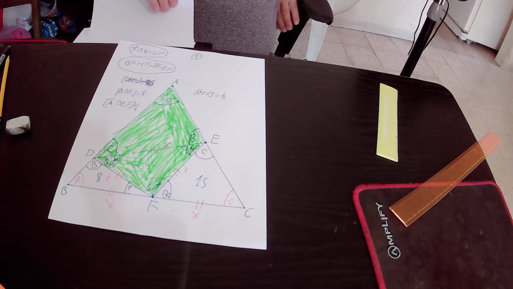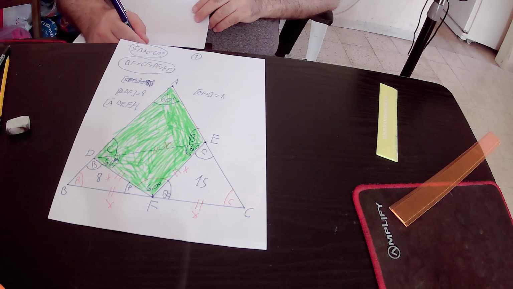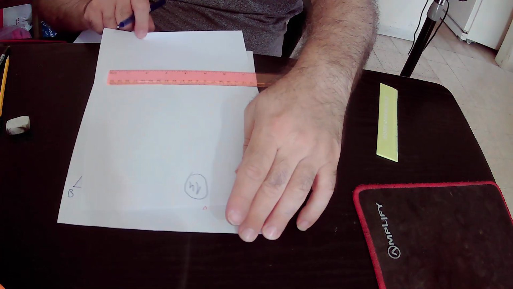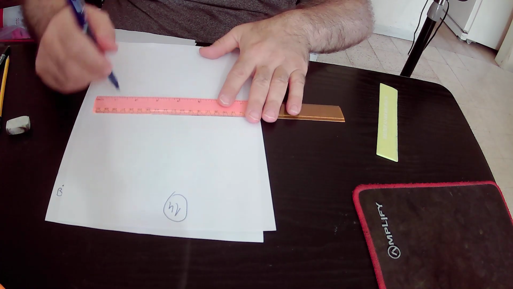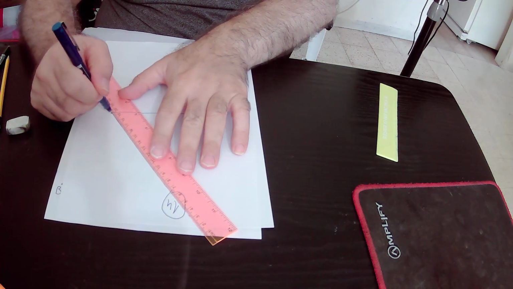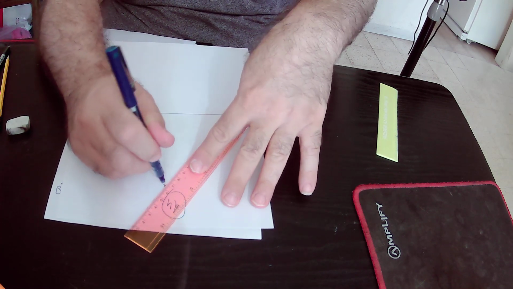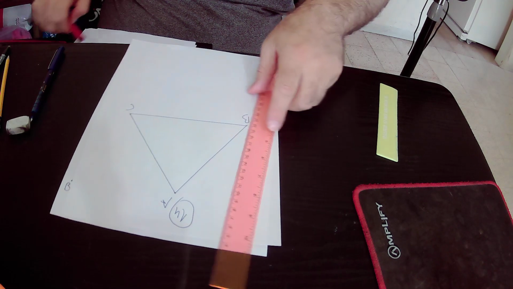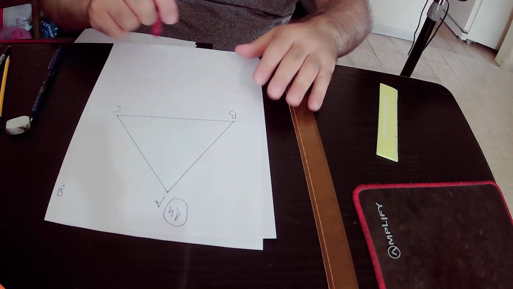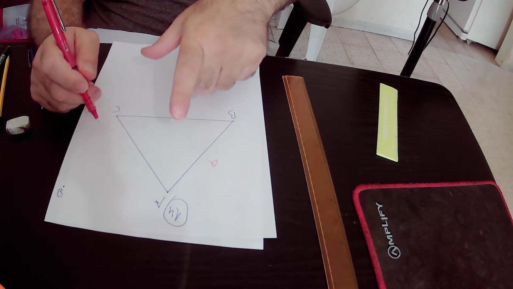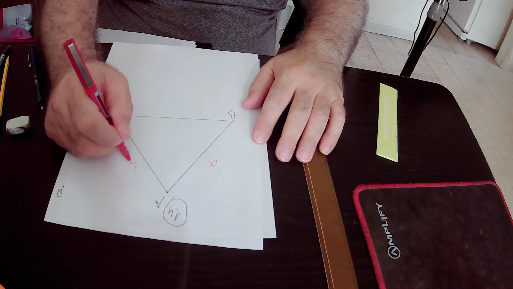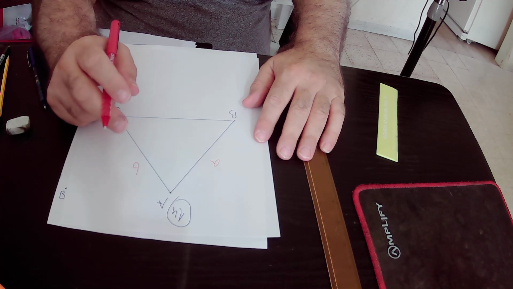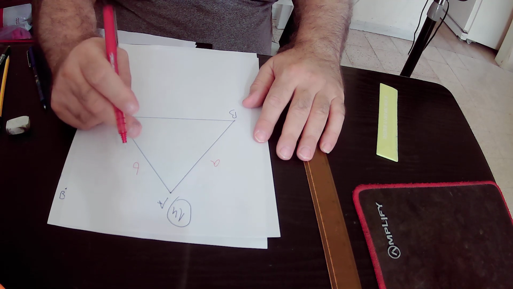So actually, if we have triangle ABC, and we know that the size of side AB of triangle ABC is A, and we also know that the size of side AC of triangle ABC is B, and we know also that the angle between side AB and side AC is theta.